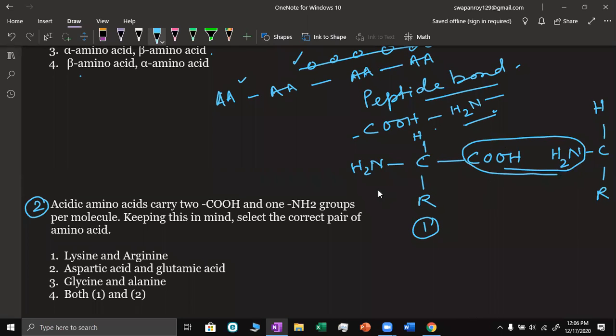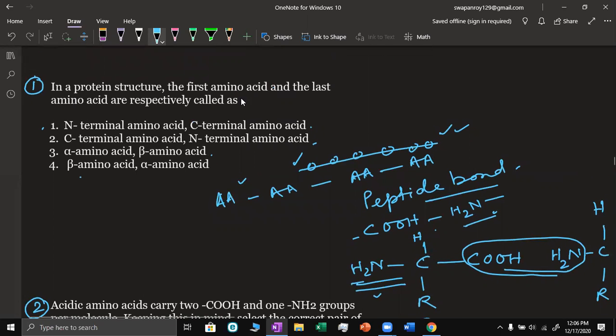So the first amino acid always has this amino group free. So the first amino acid is known as N-terminal amino acid.